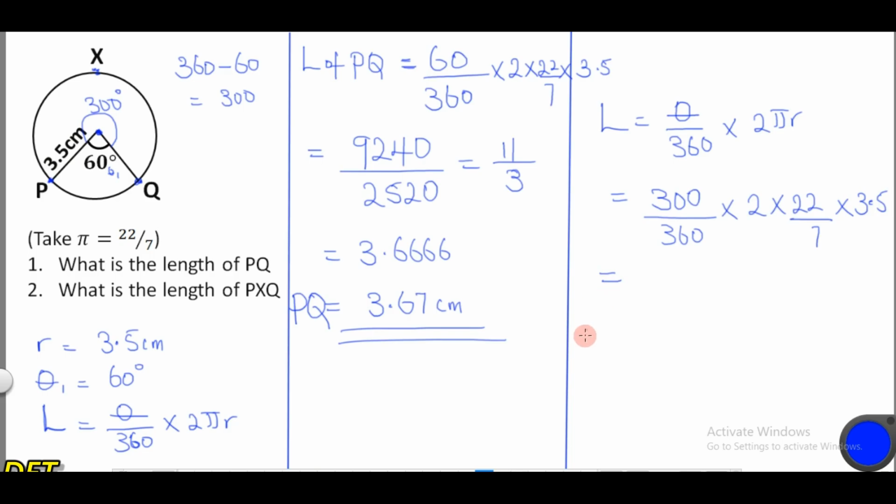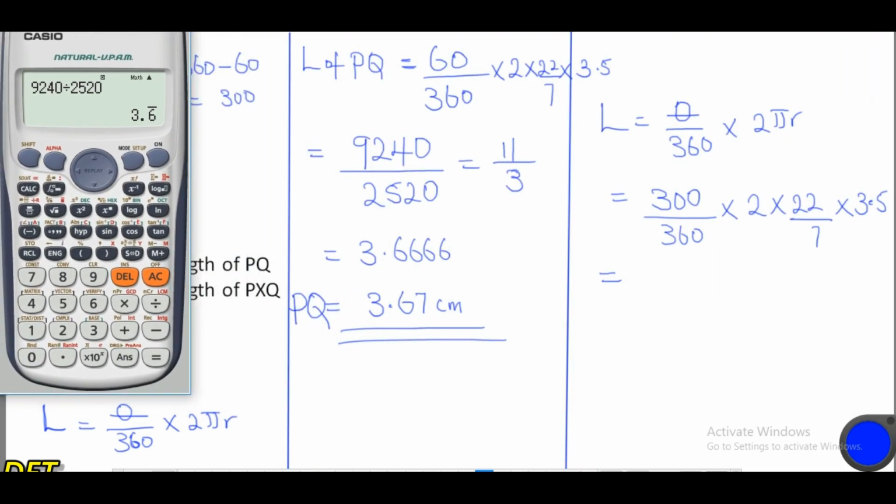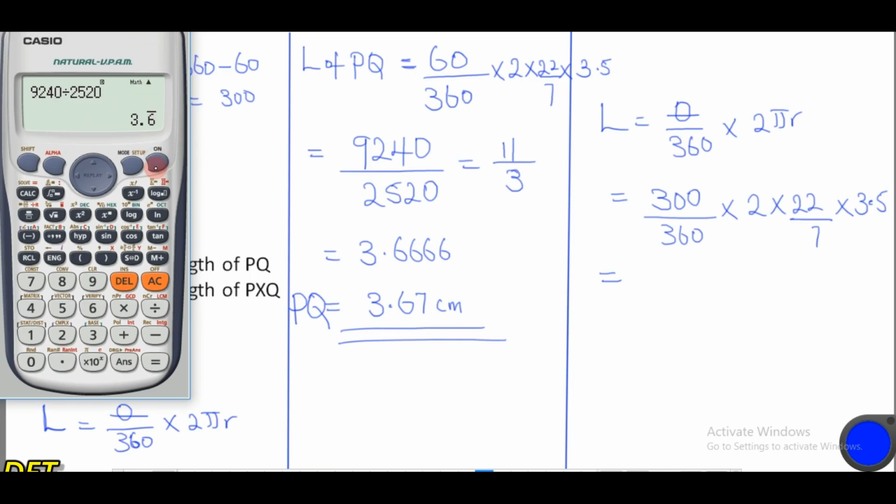So 300 times 2 times 22 times 3.5, which is everything on top, will be equal to 46,200.